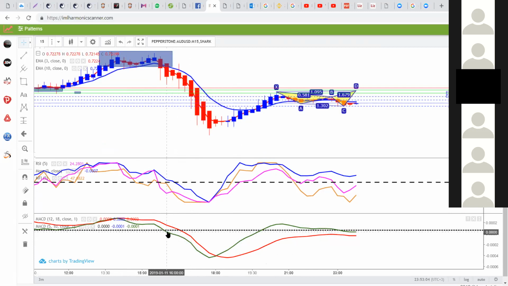The green can cross first. Once the green crosses, ensure that the red is also following. It might not have crossed, but it's also following. It's not that the green will cross and then the red is straight. So this is what you're looking for. This is what you're looking for.